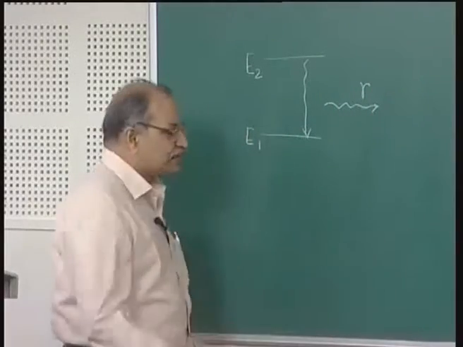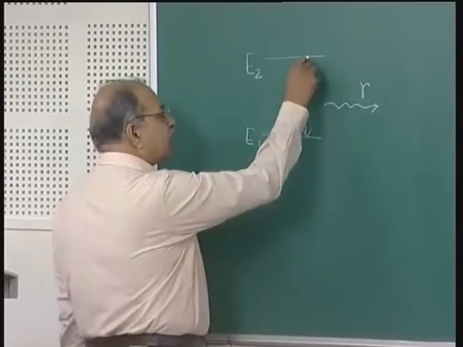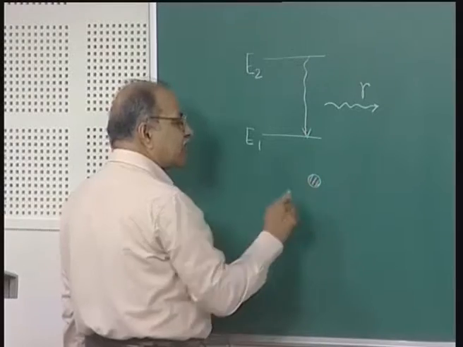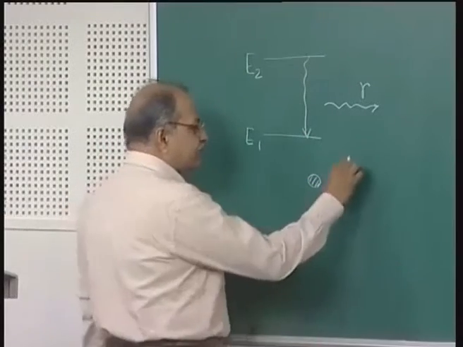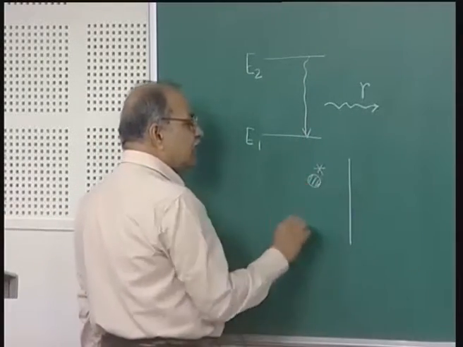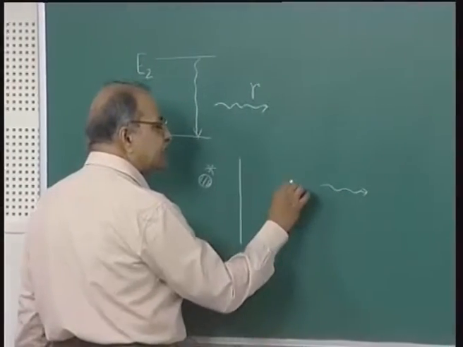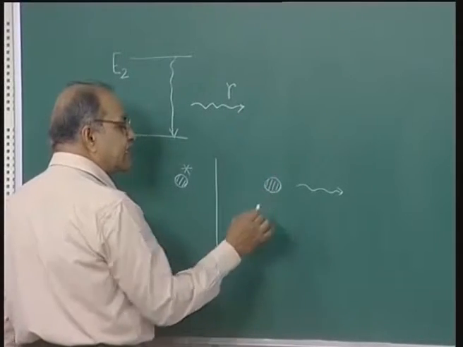This is school physics, you know. If you have a nucleus here in an excited state at rest, this is the initial condition, and then it de-excites and the gamma ray is emitted, and here is that nucleus in the ground state.